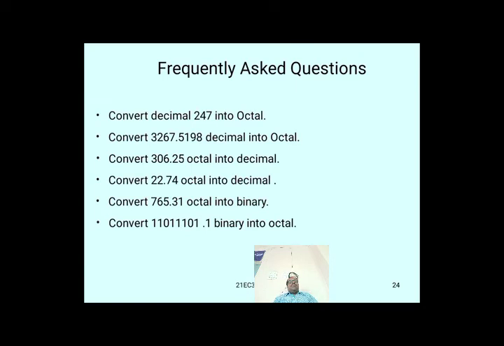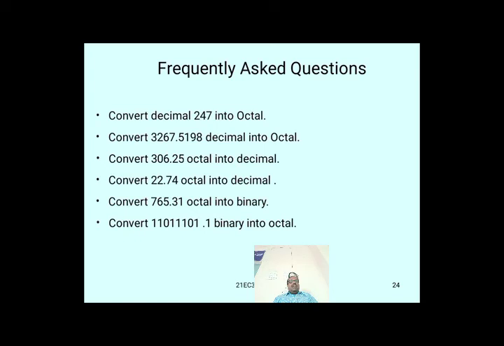First of all, for decimal the base is 10, for octal it is 8, for binary it is 2. You must remember this. What are the values present in binary? 0 and 1. For octal, 0 to 7. For decimal, 0 to 9.